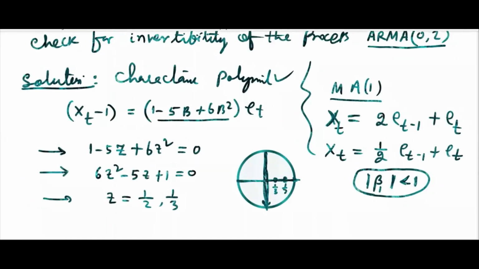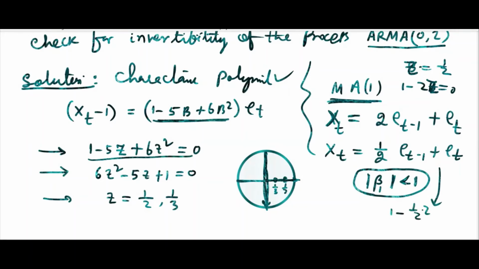Now if you consider this one, even here you can find the characteristic polynomial. In this case you will get 1 minus 2z equal to 0, so z will be equal to half. In the other case, 1 minus half z equal to 0, so z will be equal to 2, which is greater than 1 in magnitude.